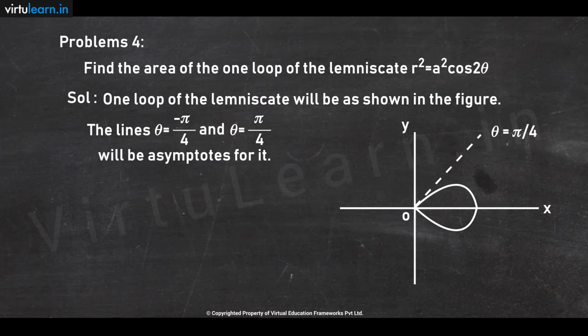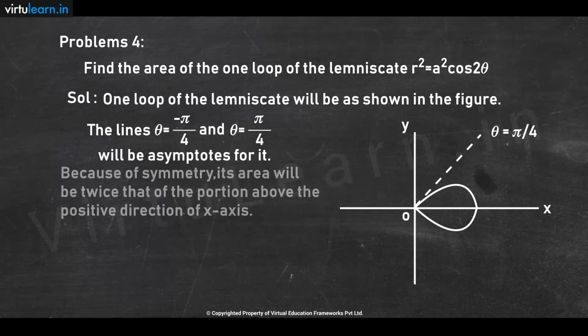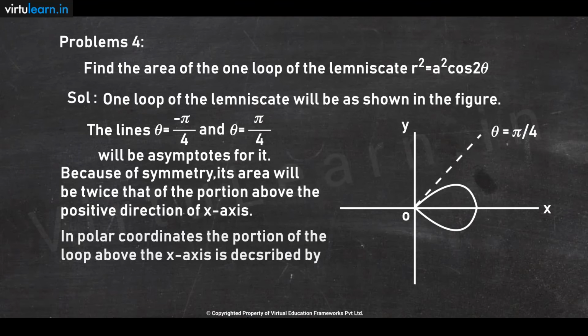And in the required area, there will be two equal portions, one below the x-axis and the other above the x-axis. With this information, now let us describe the region of the lemniscate by inequalities.